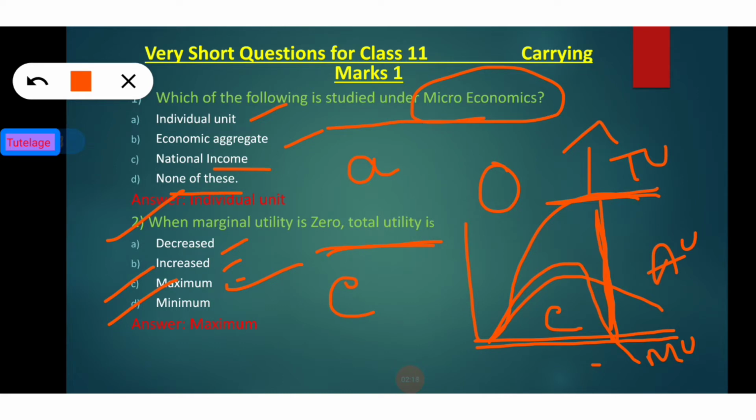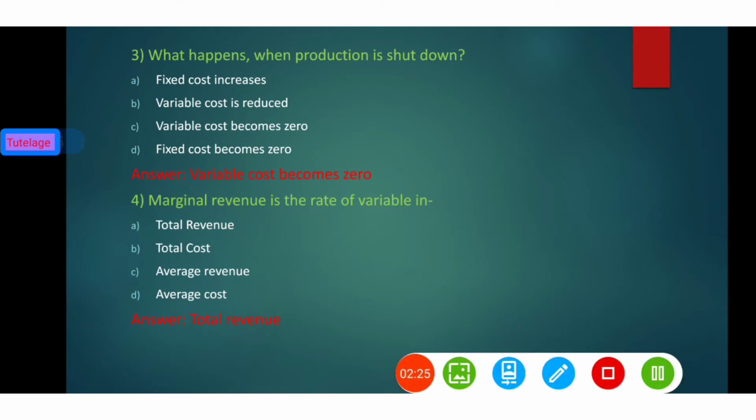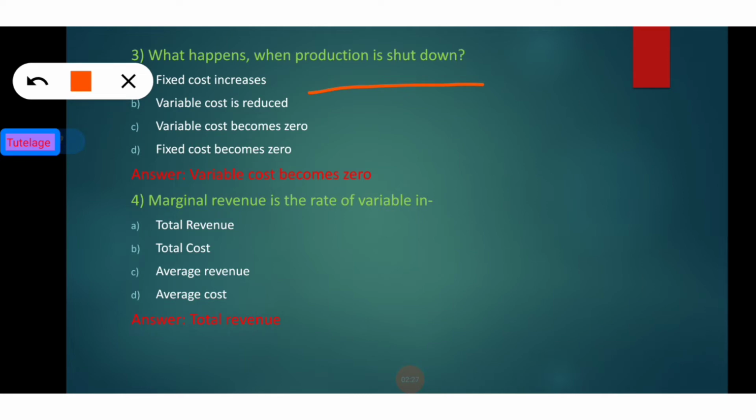Now going to the next question, the third question: what happens when production is shut down? We all know that cost is related to fixed cost plus variable cost. When production is shut down, fixed cost remains the same.